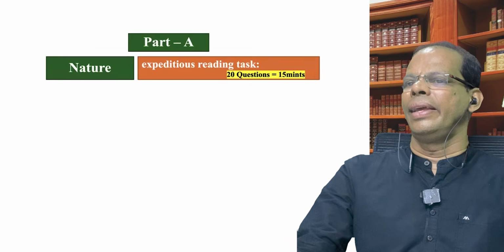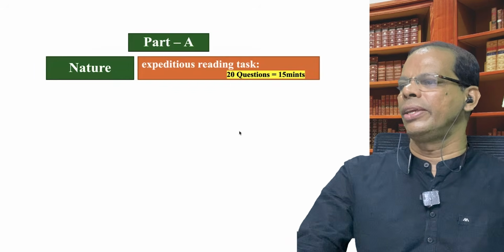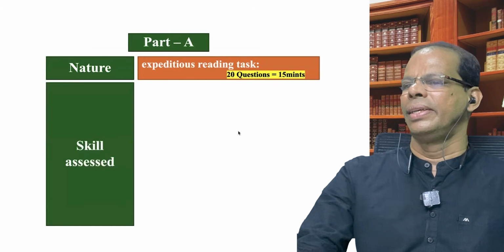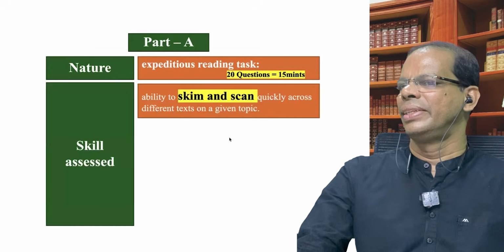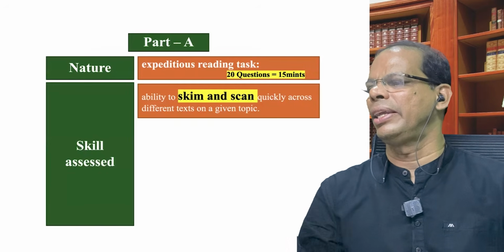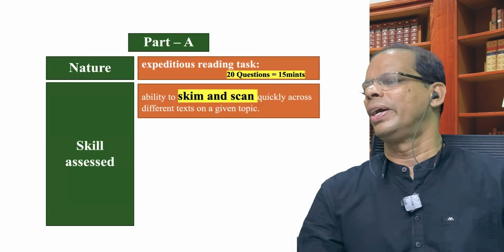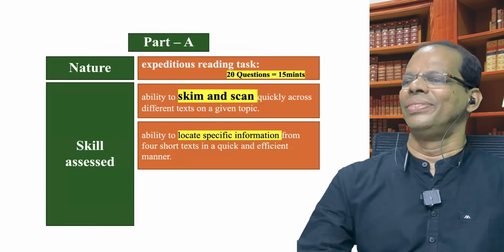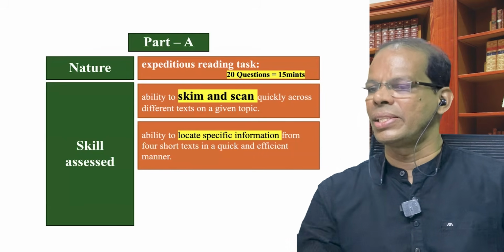Part A, nature: expeditious reading task. 20 questions, 15 minutes, almost 45 seconds for a question. Skills assessed here: number 1, your ability to skim and scan quickly across different texts on a given topic, specifically your skill to skim the text. Most of the questions will be answered by skimming the text.